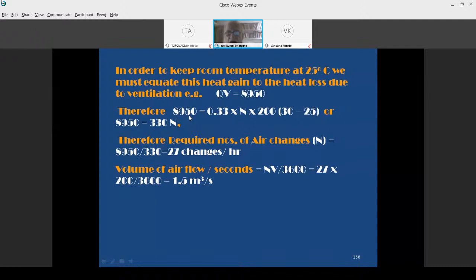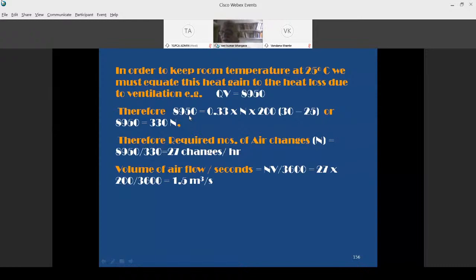This 8,950 is responsible for the 5 degree increase. And what is 0.33? It comes from the specific heat of air, which is 1200. N is the number of air changes per hour.